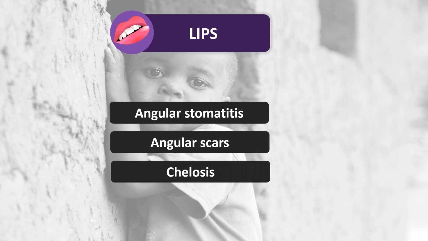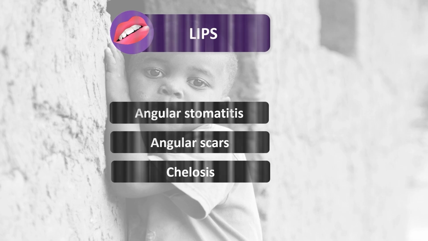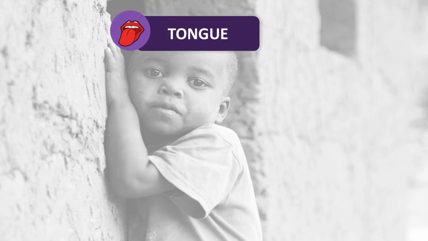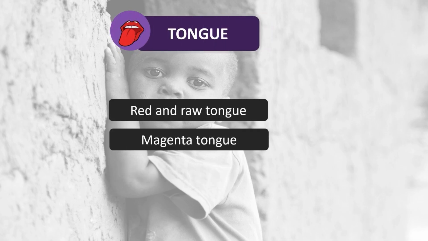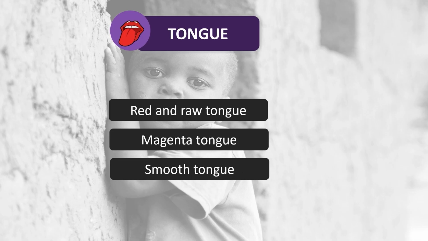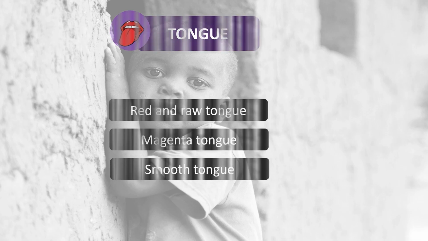complex vitamin deficiencies. The tongue can be assessed, and it can give us a good idea about the nutritional status. A red raw color, very painful, magenta tongue can be an indication of malnutrition.